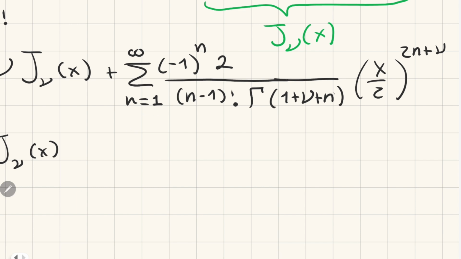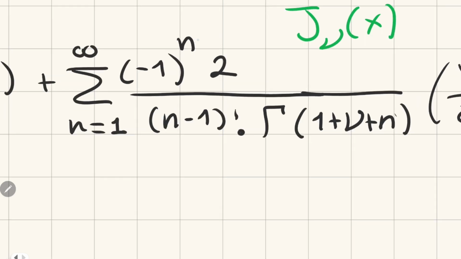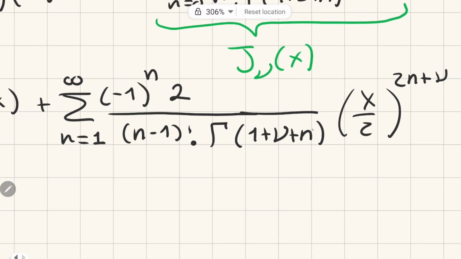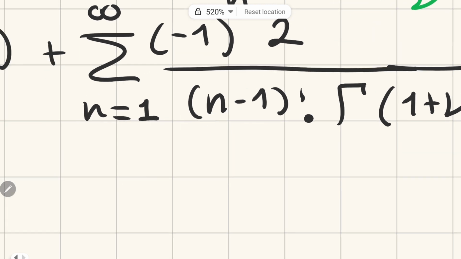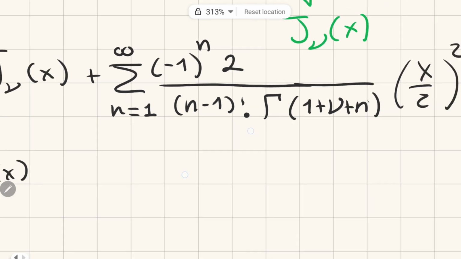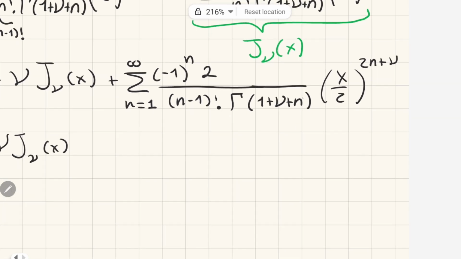For example, let's say that I want this to be n plus 1. That means that every n here needs to be changed for an n plus 1. But here we need to subtract 1 in the index counting, right? So if we want to start this sum at 0, we need to subtract 1 here.